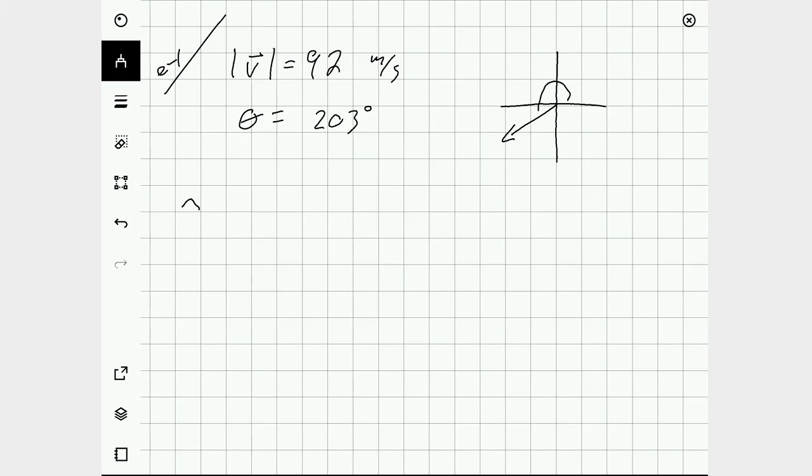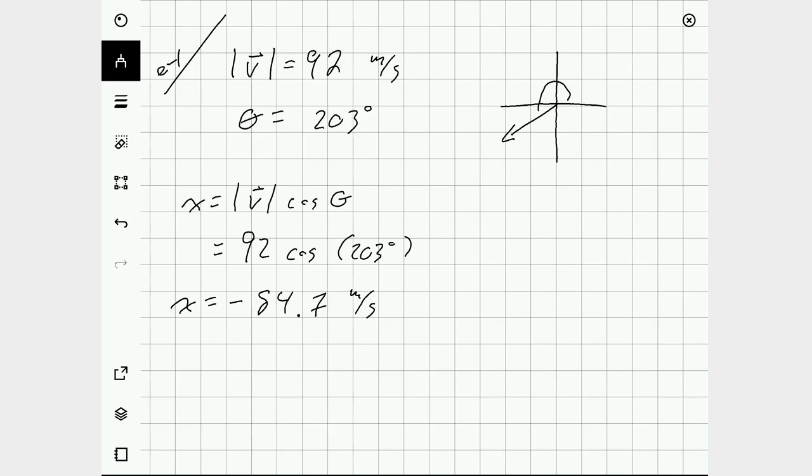So I'll know that x is the magnitude times the cosine of theta, which in this case is 92 times the cosine of 203 degrees, and making sure that my calculator is in degree mode, I get that x in this case is negative 84, let's round that to 84.7. And the units are in meters per second.